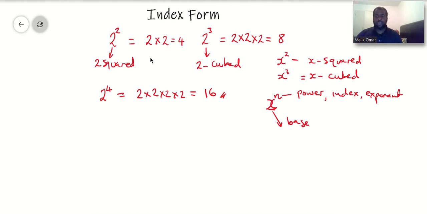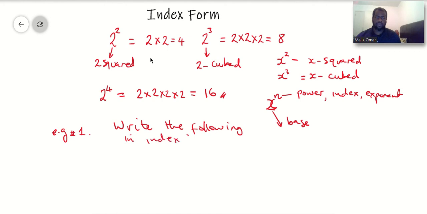So now let's go into doing questions relating to index form. Example number 1. They say, write the following in index form. Part 1, we have 7 times 7 times 7 times 7.